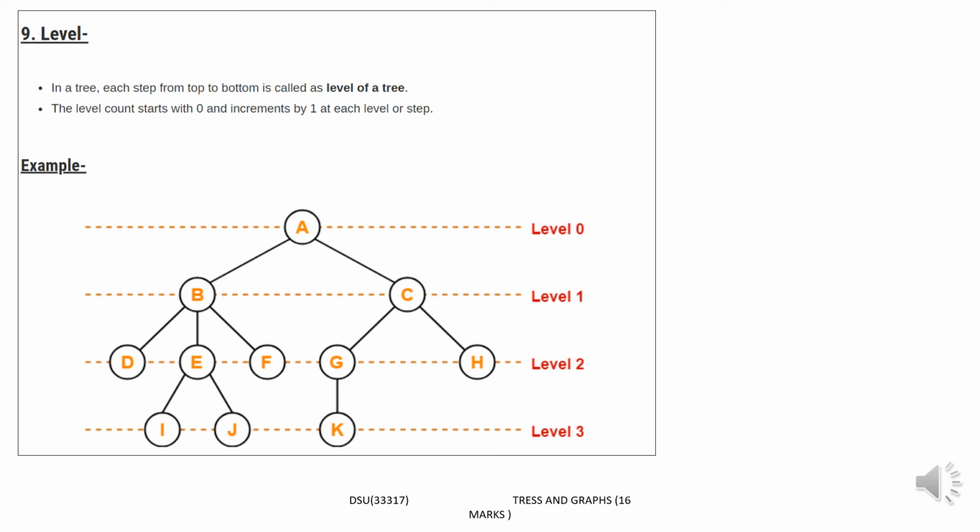Then again the next level is 2. And again the next level is 3. In this way each level is incremented by 1, and we can go on until we reach the last node, that is the terminal nodes or leaf nodes of the tree.